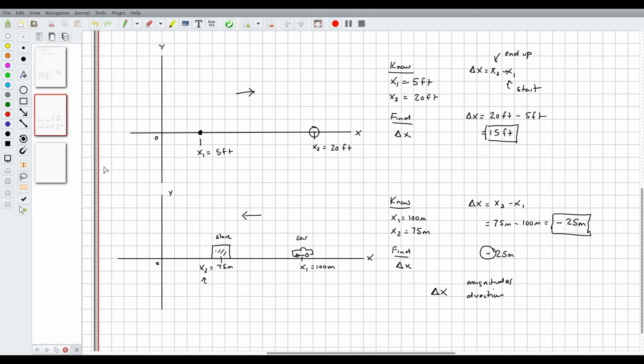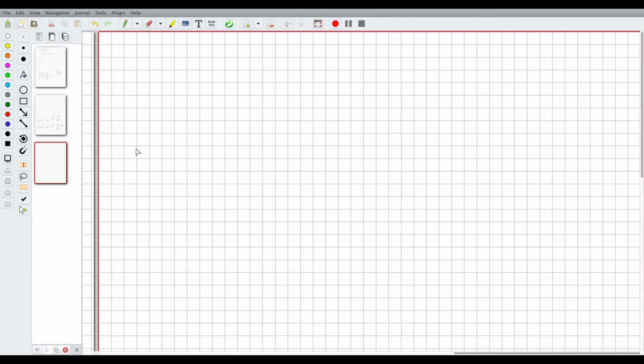Now, that said, we're going to reindex this. One way you can at least initially think about this, we're going to reindex it again, just to remind us, is that it's where you end up minus where you started. Now, the little 0 here is typically called a naught.